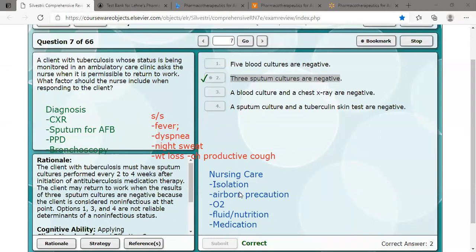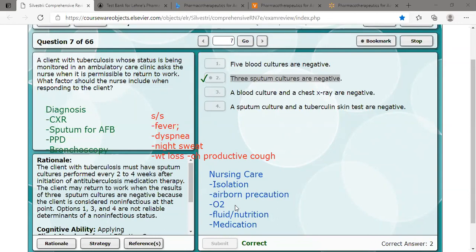For example, wear N95 masks and educate our patient to cover the mouth and nose when coughing or sneezing. Also, dispose of contaminated tissue into a paper bag, and good hand washing is very important, and mask the patient for transport.